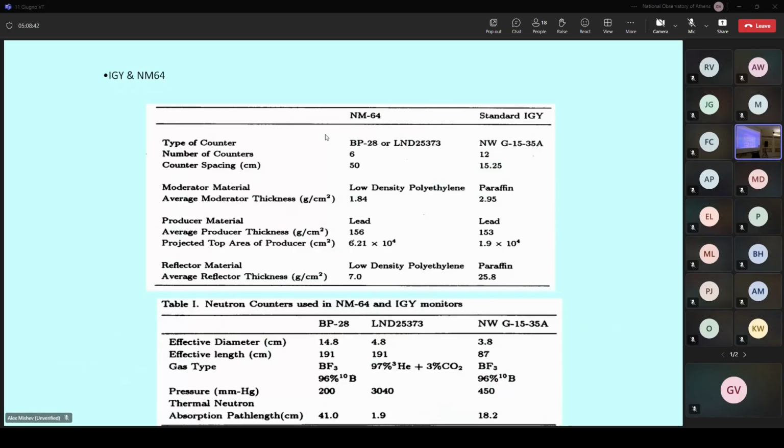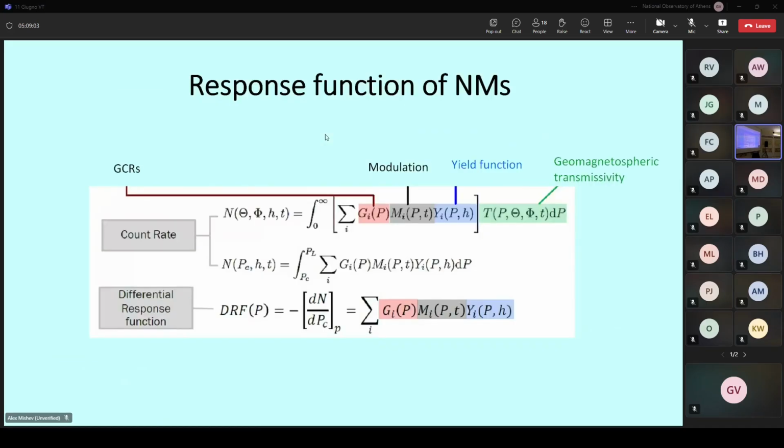There are around 50 stations in the world. And there is not exactly a 3rd generation, but there are several stations which are operating the mini neutron monitor, with smaller tubes but with increased density of boron trifluoride inside.